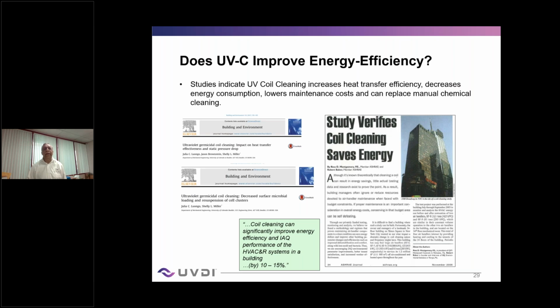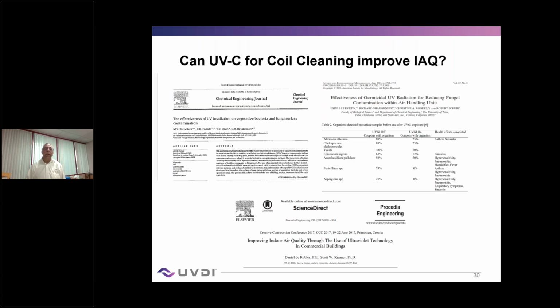Again, I can only pack so much, but there are several studies I just wanted to highlight. If you look at coil cleaning in the ASHRAE Handbook, we have all these references there, so you can look them up. So there's enough evidence for coil cleaning, for energy savings, and then of course related to air quality.